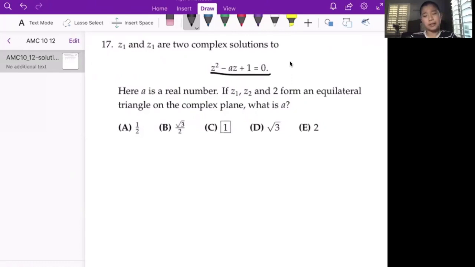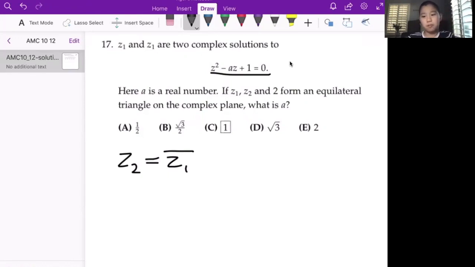There's a well-known theorem that you should memorize that says that for any polynomial with real coefficients, its complex roots must come in conjugate pairs. So Z2 is the conjugate of Z1.